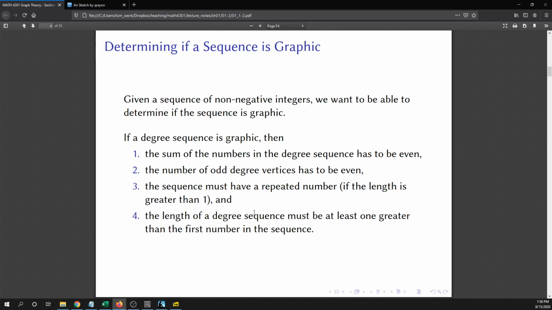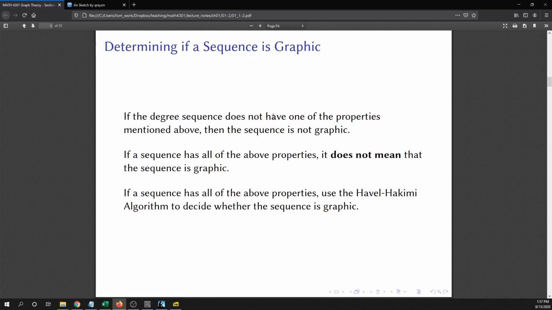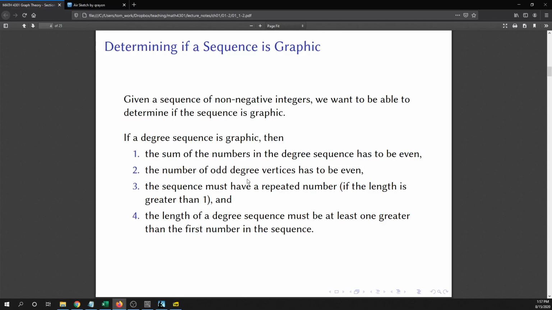We'll take a look at each one of these things in turn and see why these are true. Let me remind you of a little bit of logic. If the degree sequence does not have one of these properties, then the sequence is not graphic, and that comes from the contrapositive of this statement.